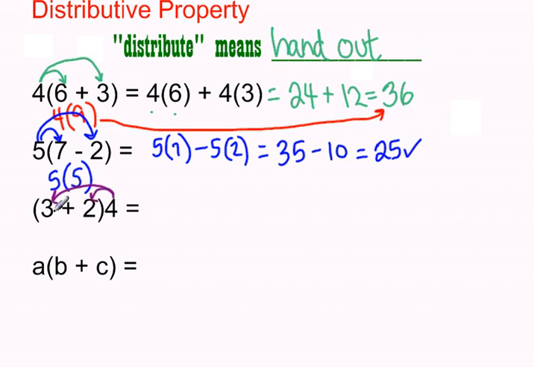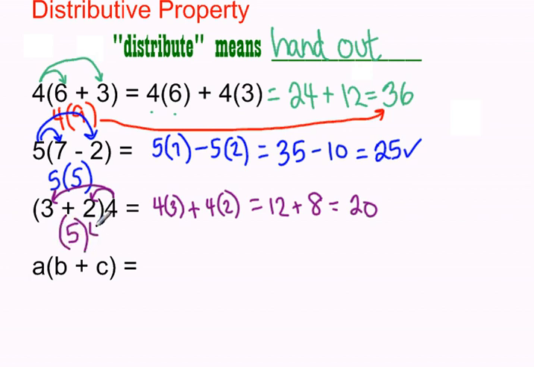So 4 times 3 and 4 times 2, and a plus sign in the middle. 4 times 3 is 12, and 4 times 2 is 8, gives me 20. Let's go back here and see. 3 plus 2 is 5. 5 times 4 is 20.